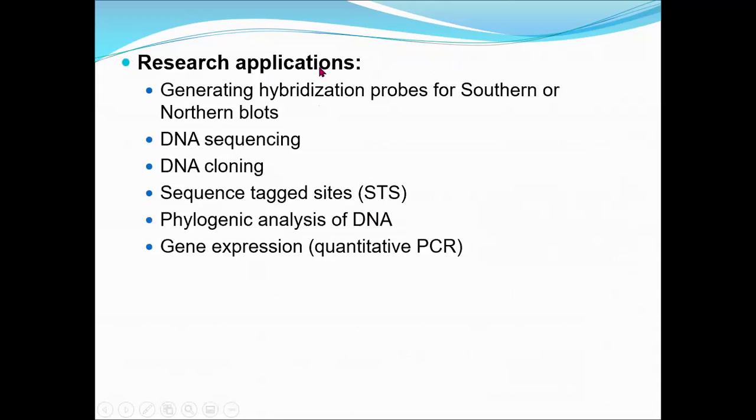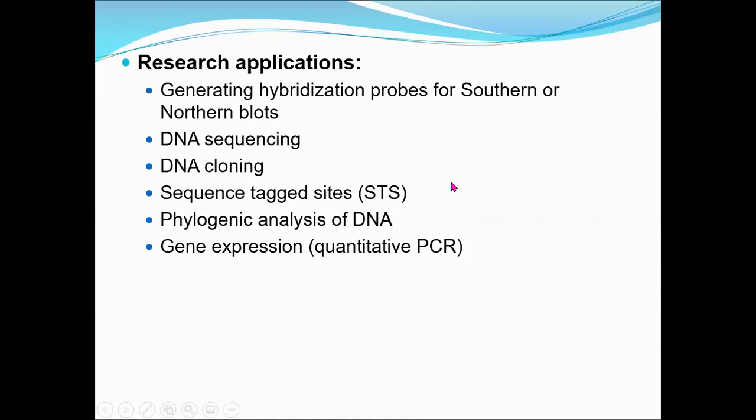And there are several research applications as well, like generating hybridization probes for Southern and Northern blots, DNA sequencing, DNA cloning, sequence tagged sites. Sequence tagged sites are unique to a particular chromosome: a single unique sequence of around 100 to 1,000 base pairs is present which is unique to that chromosome.